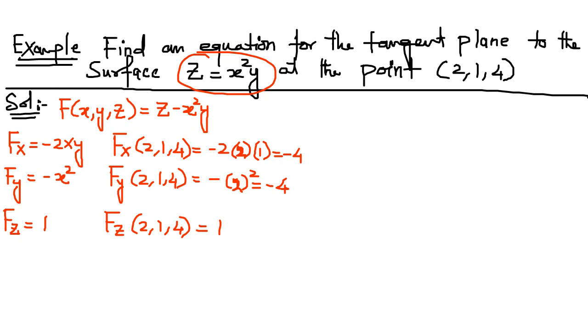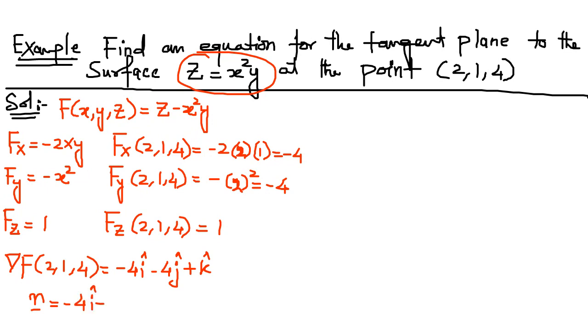Okay, so now the gradient of the function at point 2, 1 and 4 is equal to minus 4i minus 4j plus k. So the normal vector will become minus 4i minus 4j and plus k. This is the normal vector.